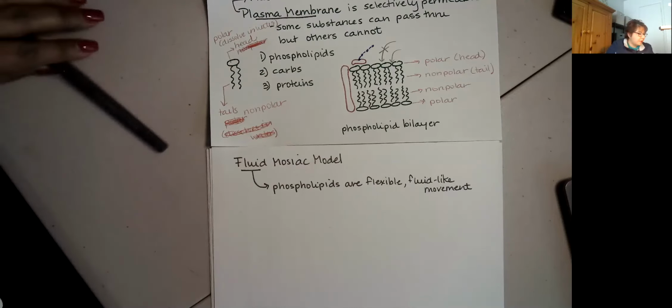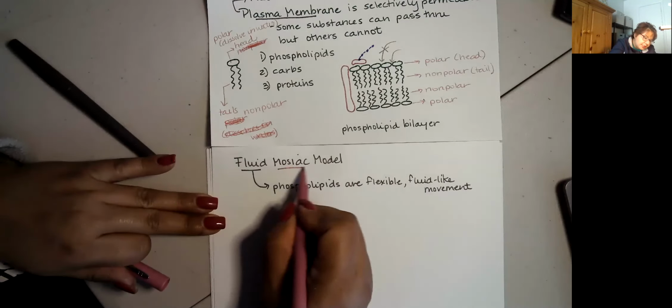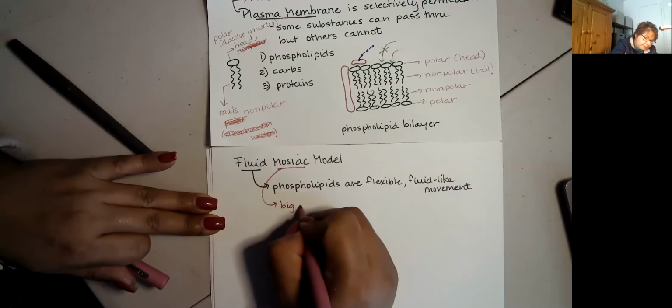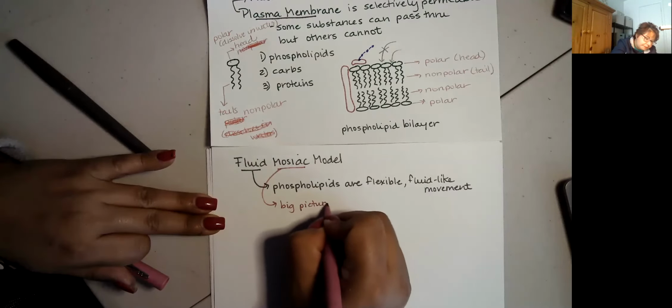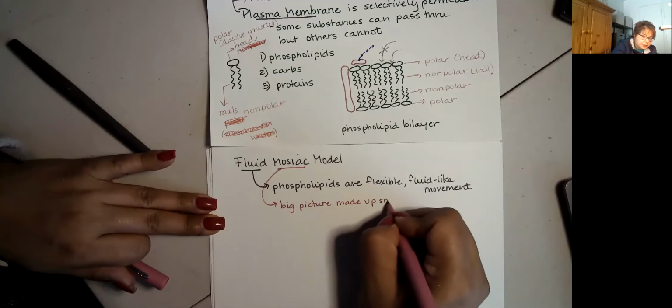And then they get the word mosaic because there are so many parts to this big picture, which is made of smaller pictures.